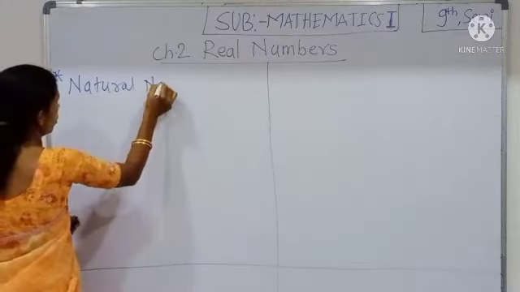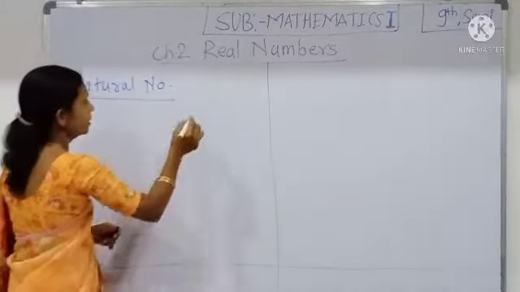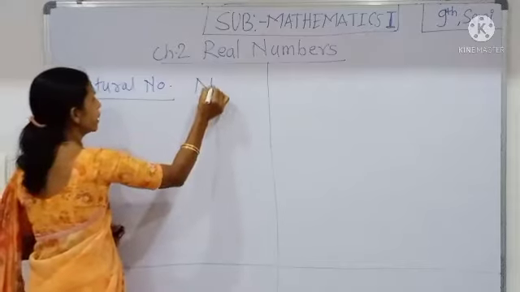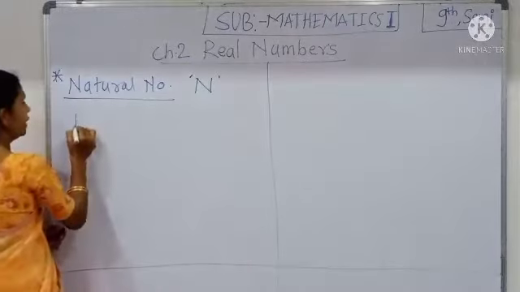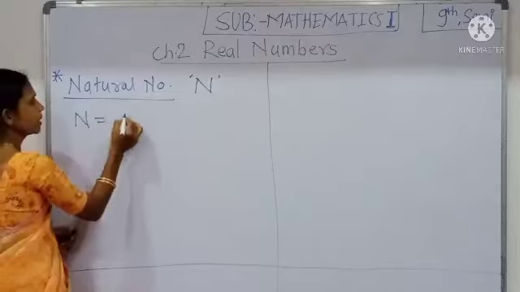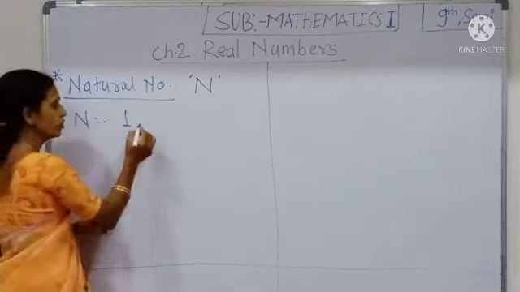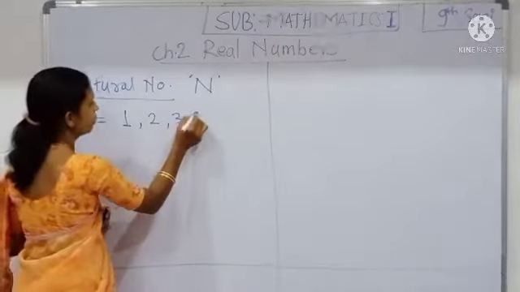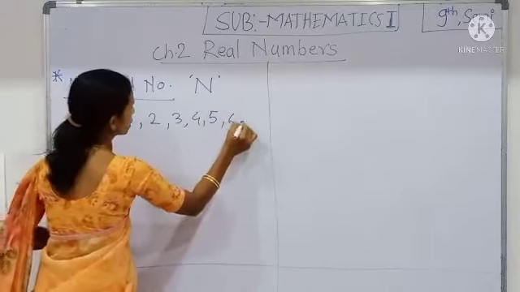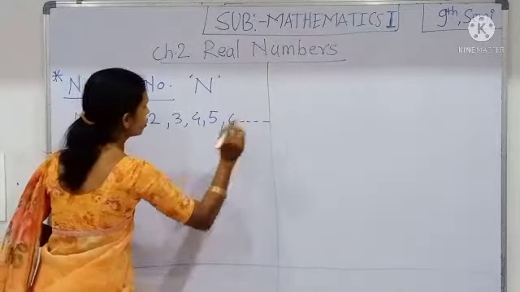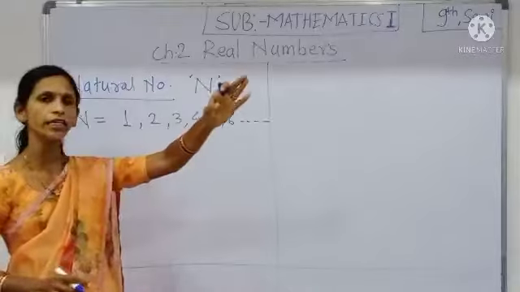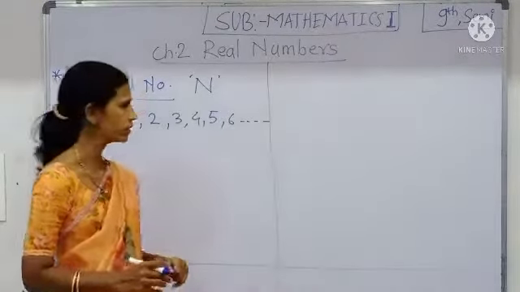Natural numbers, all of you studied about that. The set of natural numbers is denoted by capital N, and natural numbers are the set of 1, 2, 3, 4, 5, 6 and so on. The dots mean there are infinite natural numbers.